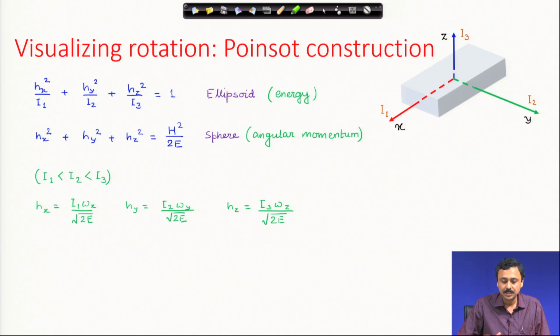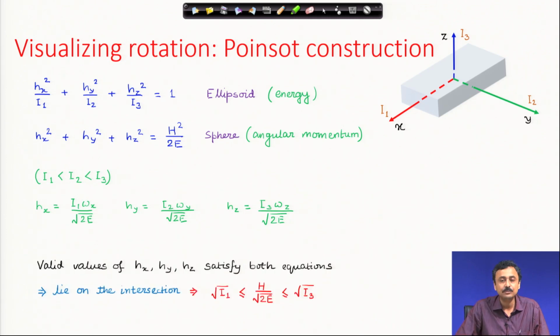In other words, acceptable values of lowercase h x, h y, h z must come from the intersection of these two geometric objects. Otherwise, they are different values. Both of them must be satisfied by the same h x, h y, h z. Therefore, they must come from the intersection of the ellipsoid and the sphere.